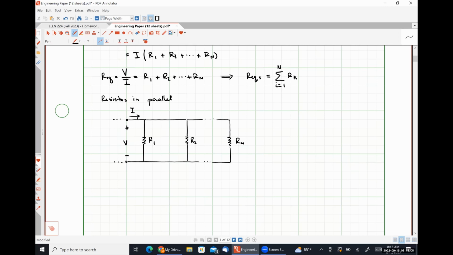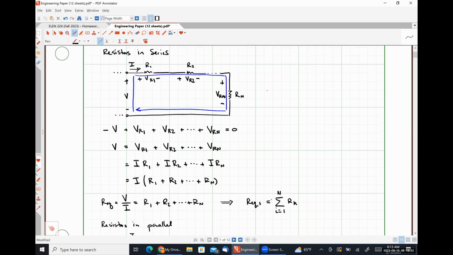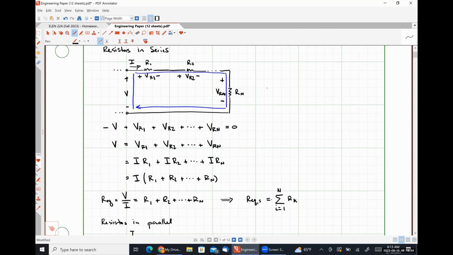So because the positive polarity terminal is on top, I want my resistor currents flowing into that positive polarity terminal. So I'm going to have resistor current IR1 like this, a resistor current IR2 like so, and a resistor current IRN like so. I'm just setting up my directions to satisfy the passive sign convention, much like I set up my polarities to satisfy the passive sign convention when we had things in series.